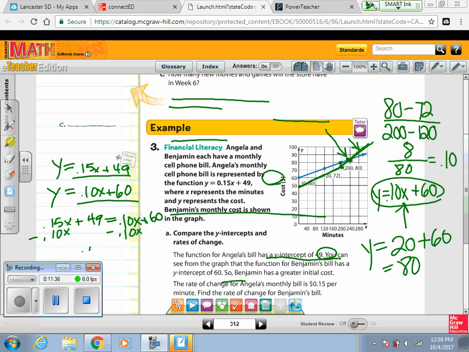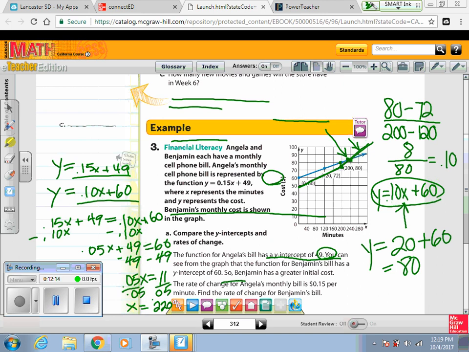So we get 0.05x plus 49 equals 60. 0.05x equals 11, and if you do the math, you're going to get x equal to, let me see here, 11 divided by 5 over 100, so 1100 divided by 5 is 220.